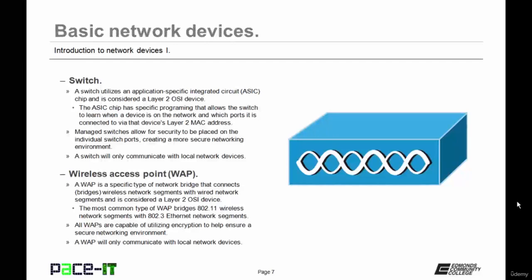All wireless access points are capable of utilizing encryption to help ensure a secure networking environment. And because they have that capability, you should ensure that all of your WAPs have encryption enabled. A WAP will also only communicate with local network devices, unless, of course, it's a wireless router. But that's a discussion for a different day.